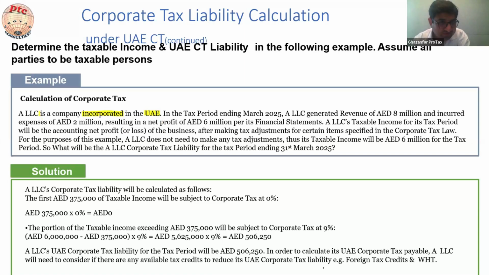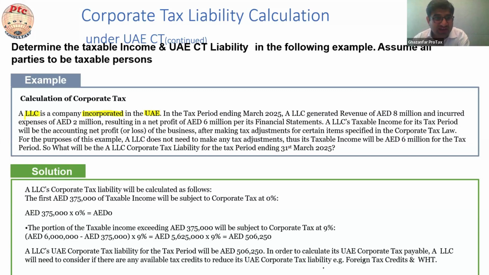Before that, an LLC means a juridical person, not a natural person. I was expecting you to highlight such elements while asking, because most of our participants gave the appropriate answer. But these are the key areas that we have to read appropriately before jumping into the solution.